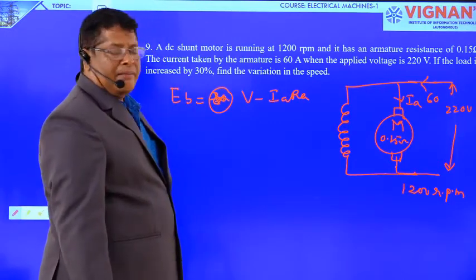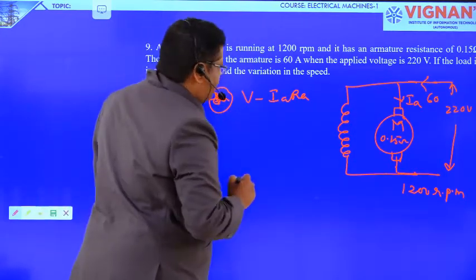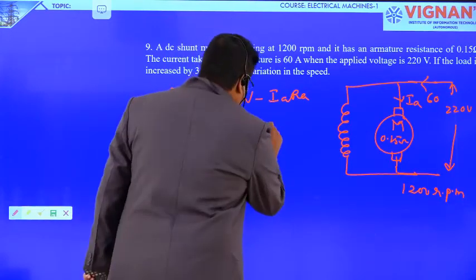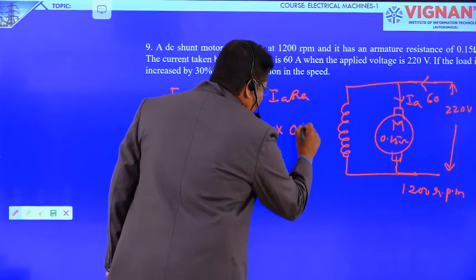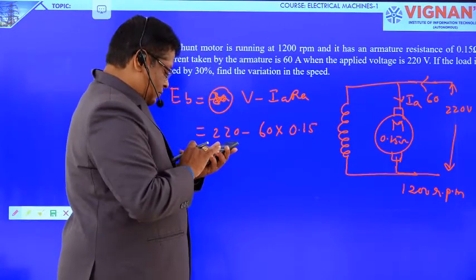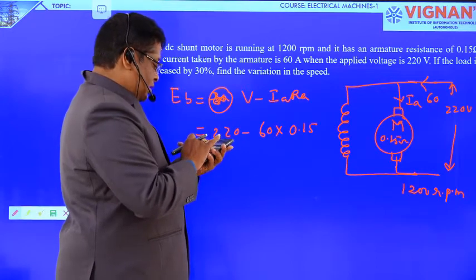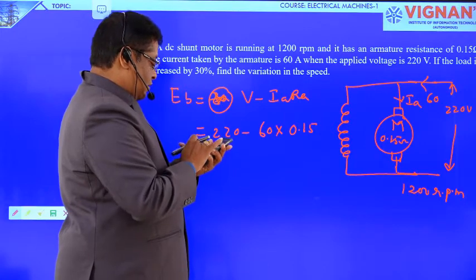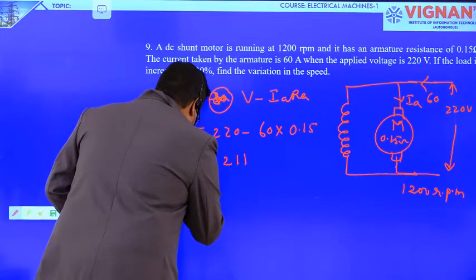Once we neglect the brush voltage drop, this value becomes 220 minus 60 into the armature resistance, which is given as 0.15. We are getting the voltage 211 volts. The back EMF in the first case is 211 volts.